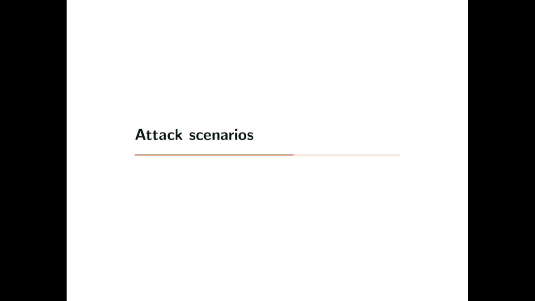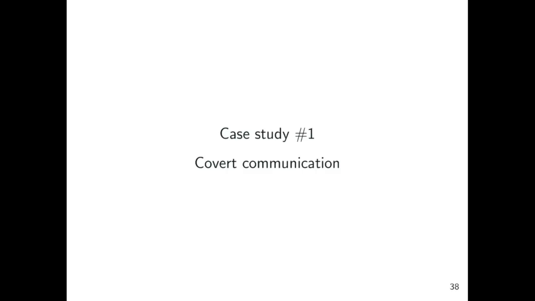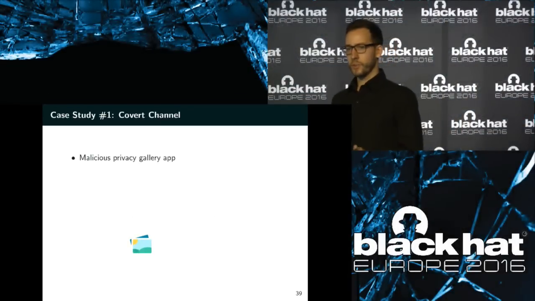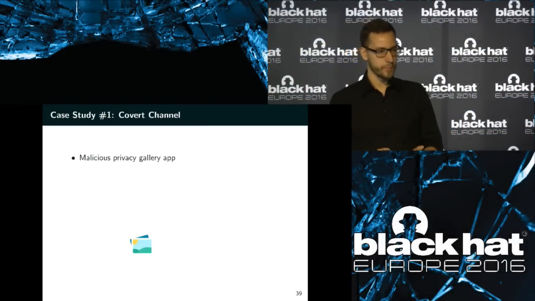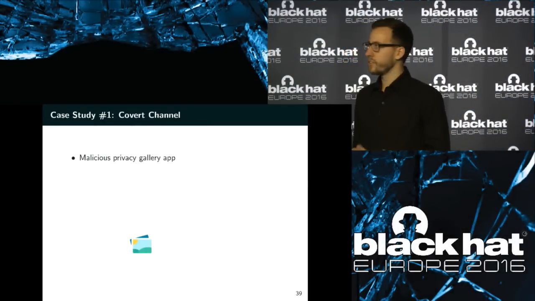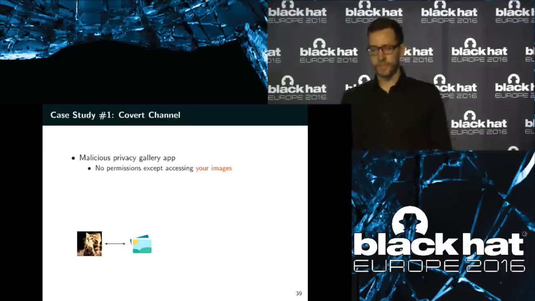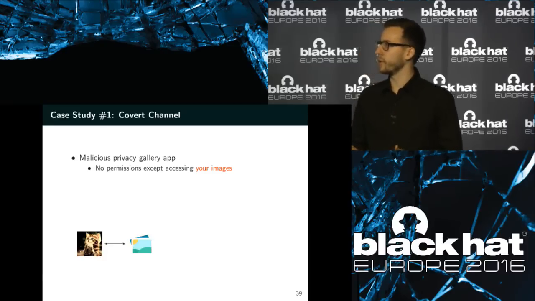And we want to present you some attack scenarios beside the demo that we've showed you in the beginning. So the first thing you can do is you can build covert communication. So for instance, a user installs a malicious gallery application, and he is not suspicious when he installs this app, because the only permission it needs is to access the images. So it doesn't need internet access or read the contact data of the user.